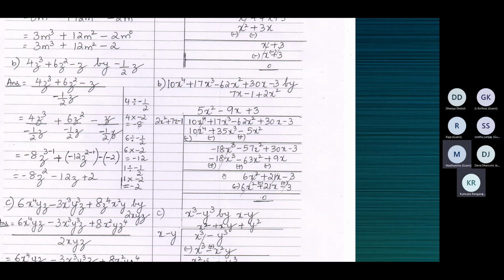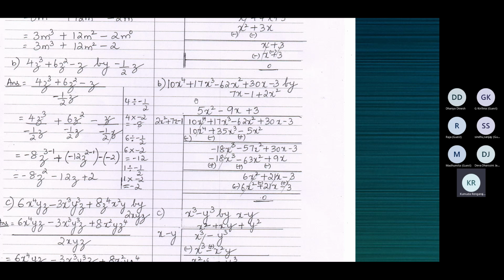What by what? Minus 18x cube divided by 2x square, ma'am, which will give you minus 9x. Write that here. Minus 9x is the second term in the quotient.